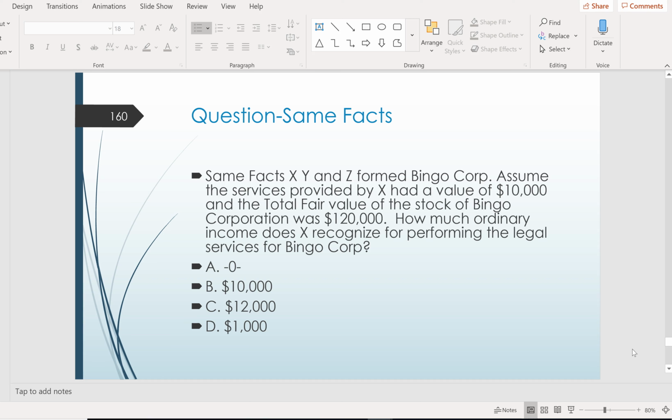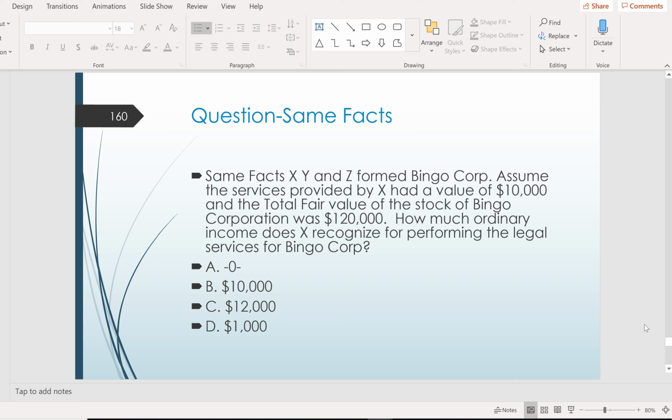But they told you that the value of everybody's stock in Bingo Corp was $120,000. And since the value of everybody's stock was $120,000, then all you would have to know is what percent of that stock did X get for providing services. And they told you earlier in the question that X got 10% of the stock for performing the services.